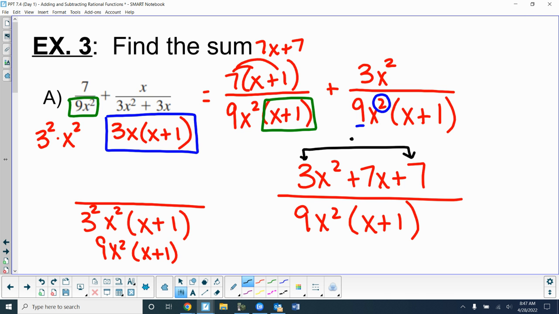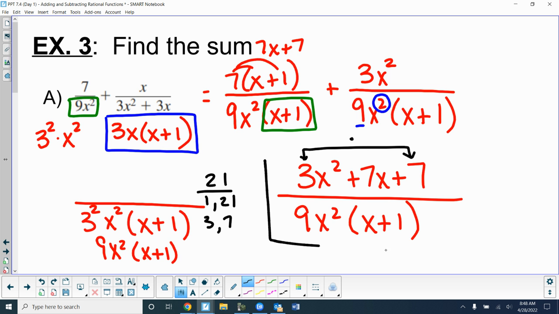What's 3 times 7? 21. Are there factors of 21 that add up to 7? Well, we got 1 and 21 or 3 and 7. Do either one of those add up to 7? No. So is it factorable? No. Okay, so that's our answer.